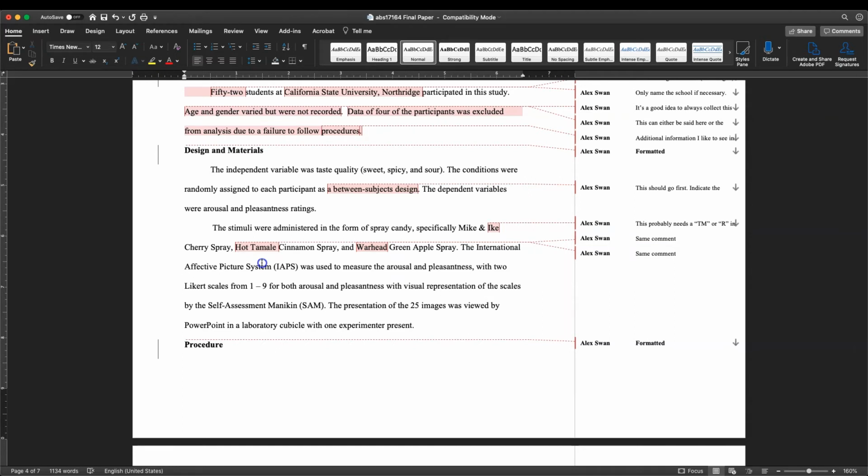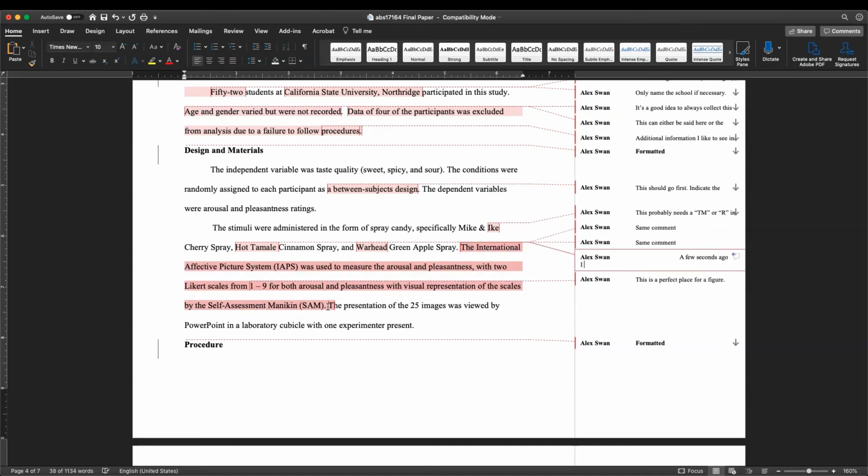So an idea that I had for this, but I didn't really write it down in one of the comments because I thought about it after I screen recorded the editing, was that when you describe the independent variable and the levels of the IV, that's when you indicate what the taste quality is.